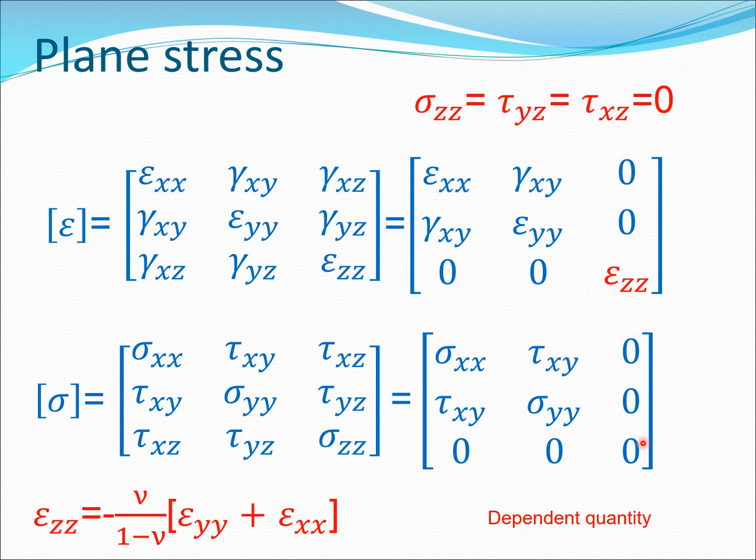So though you wiped out the stresses in the z direction or involving the z subscript, the z has somehow survived and it has manifested itself into the strain matrix. But remember that this is a dependent quantity. So here epsilon zz is dependent on epsilon xx and epsilon yy, but it does exist.